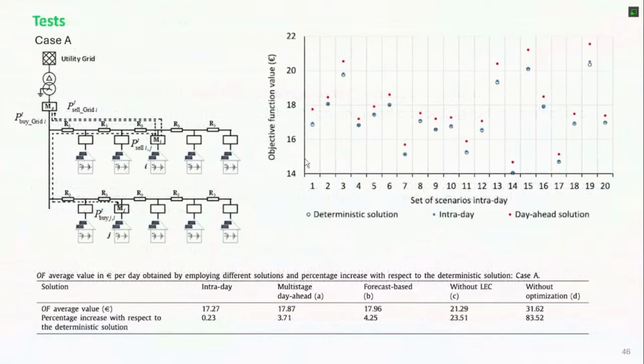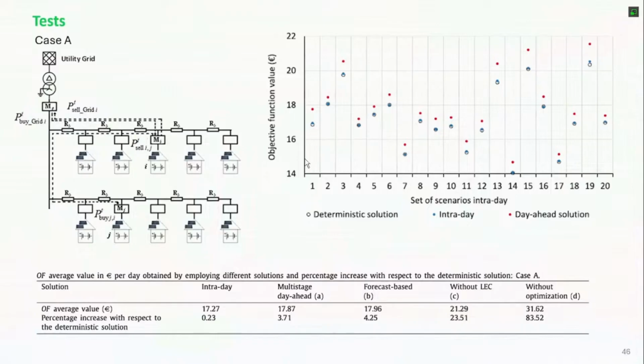And I would like to show you the cases. Case A is the 10 users, and you see here that there is the set of scenarios in the intraday. We have generated several scenarios, not included in the initial set of scenarios. And for each scenario, you see different points.